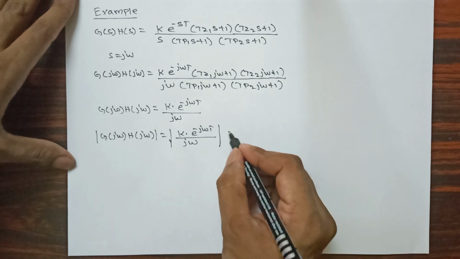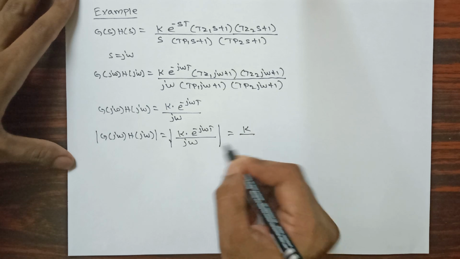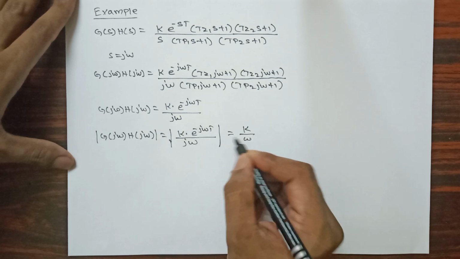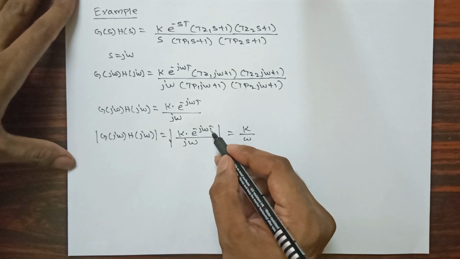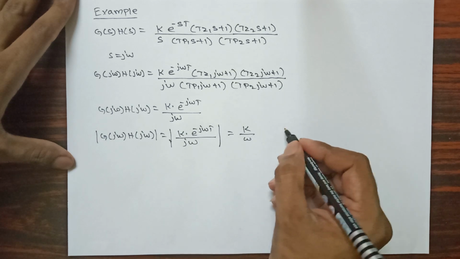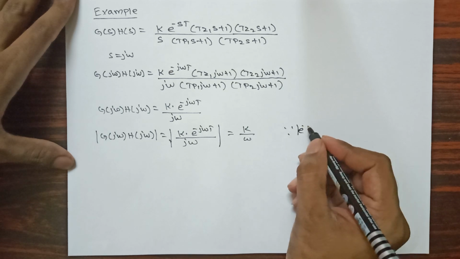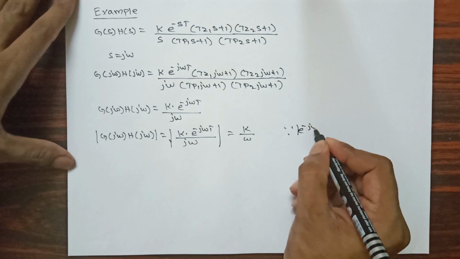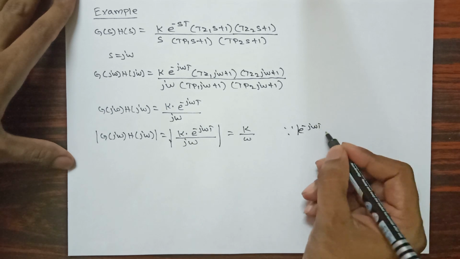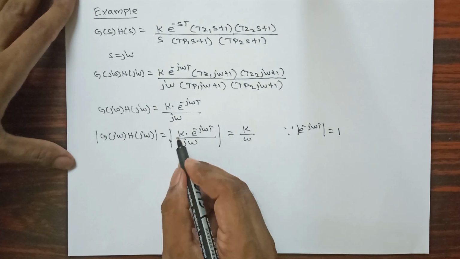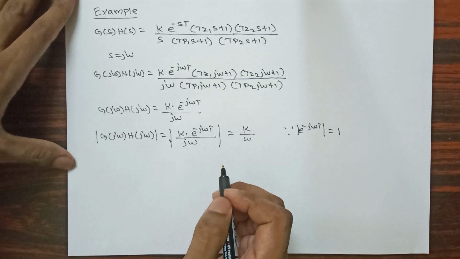Here I will get k divided by magnitude of omega, j omega is omega, and magnitude of e power minus j omega t is 1. Therefore I have written this as k divided by omega.